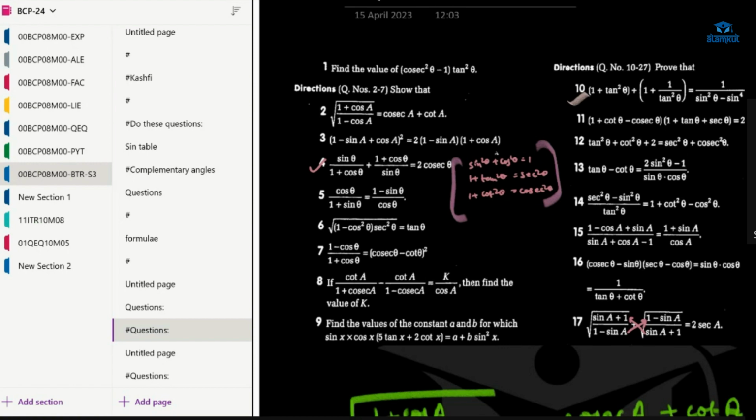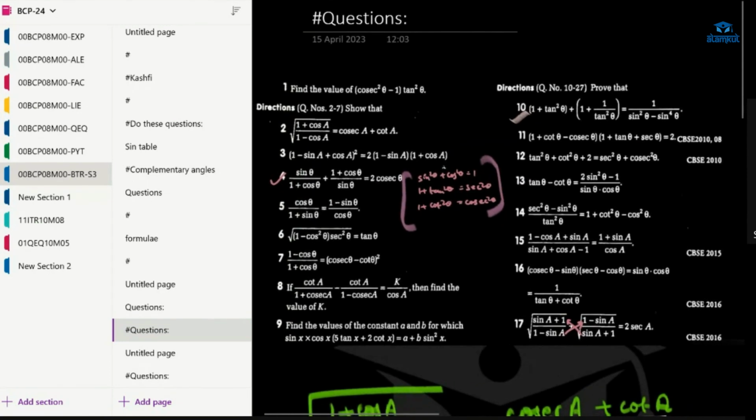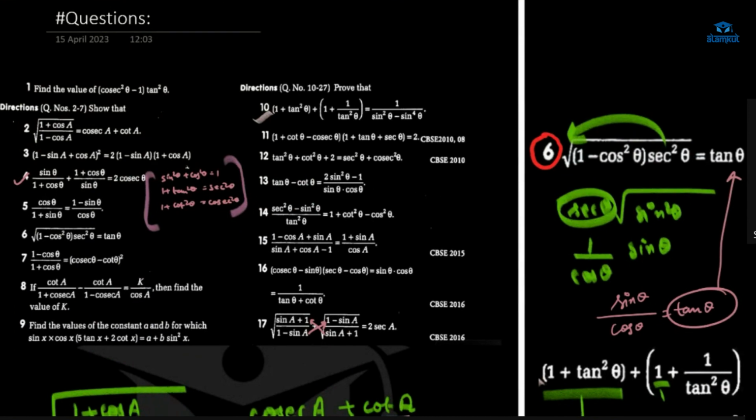Just send a message that you are unable to solve this question, I will solve it and then we'll come back to you. So make every chapter interesting, not only trigonometry.